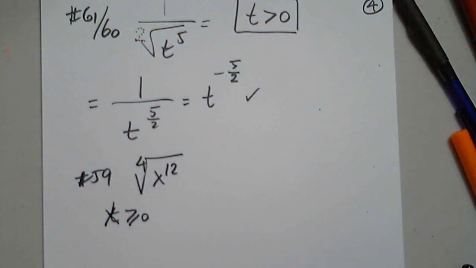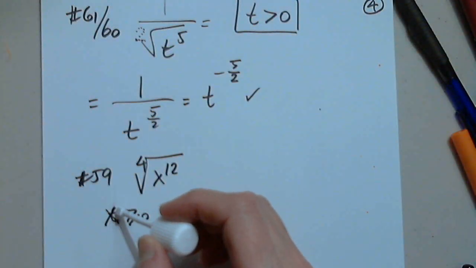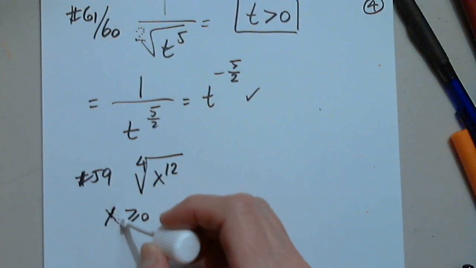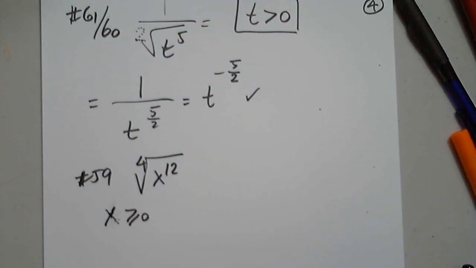Good. So can anyone simplify this or tell us how to continue? Anyone, please? Would it be 1 over x?